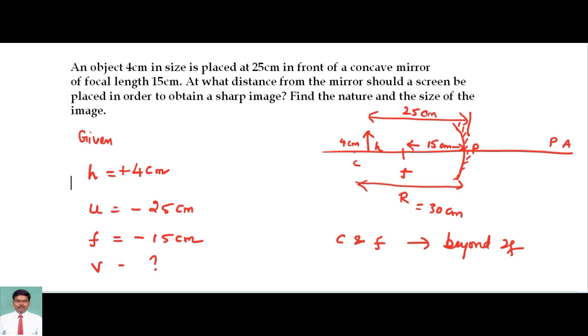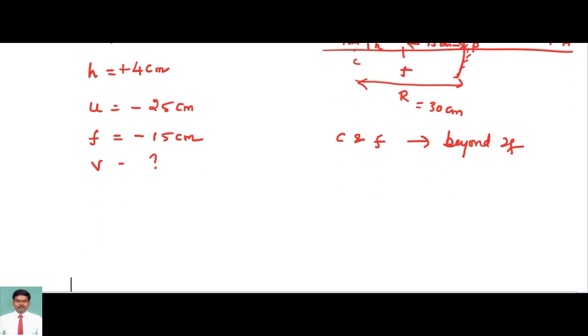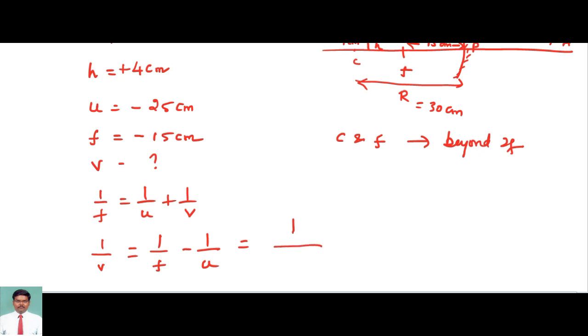Now after we assign the Cartesian sign convention, we now try to solve the problem. We know the formula, 1 by f is equal to 1 by u plus 1 by v. Here I want to calculate 1 by v. 1 by v is equal to 1 by f minus 1 by u, so write the value of f.